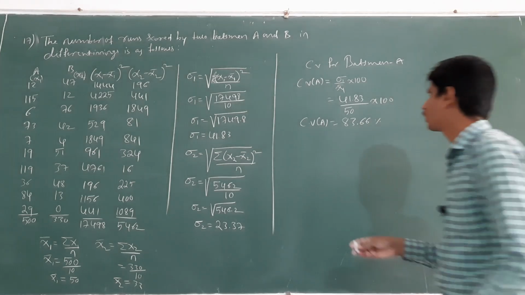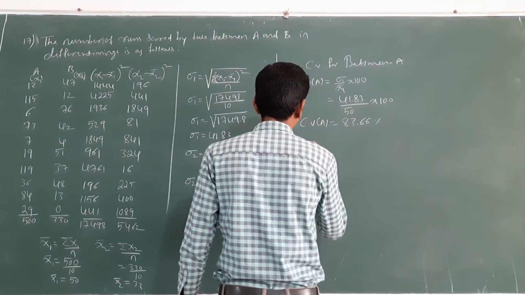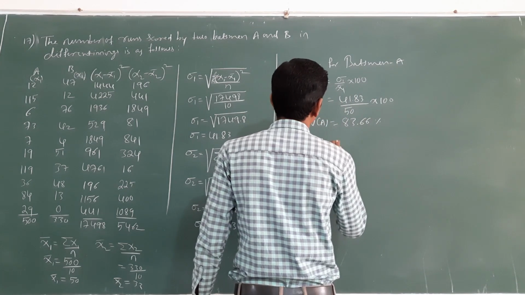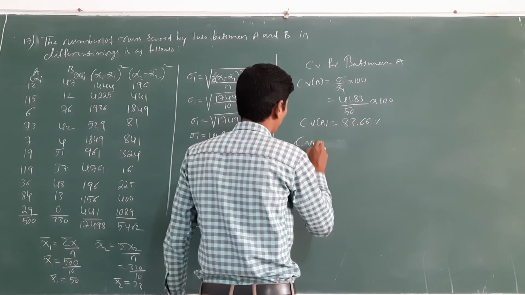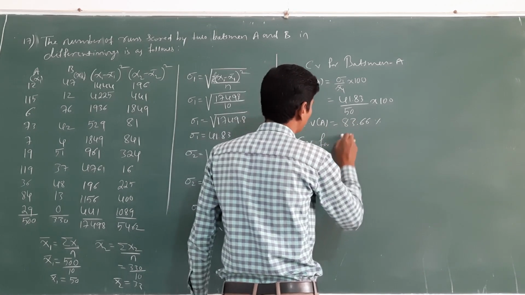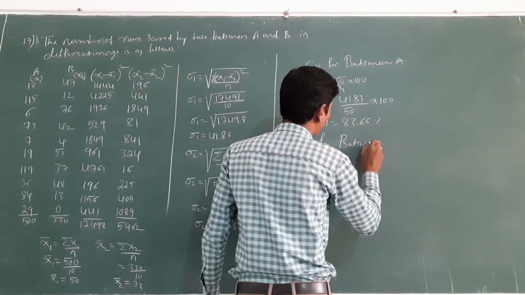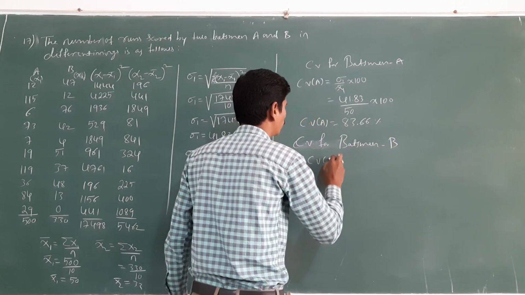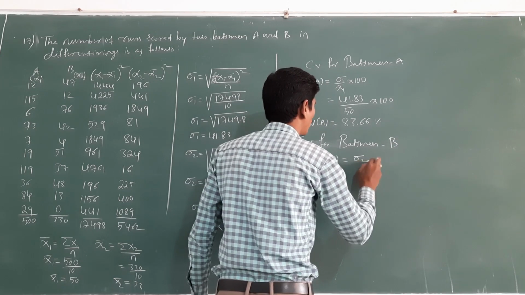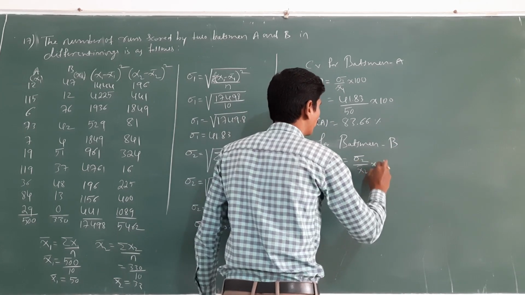The next CV for B. CV for batsman B equals sigma 2 by x2 bar into 100.